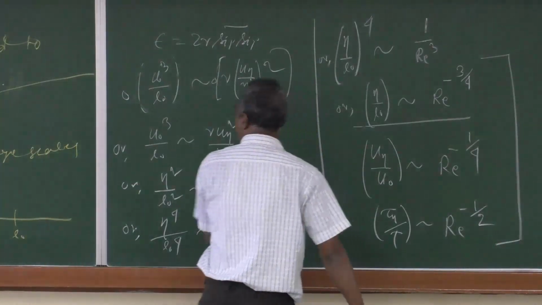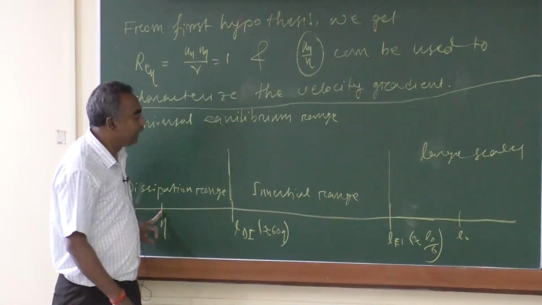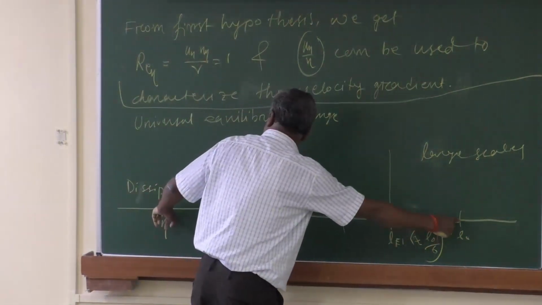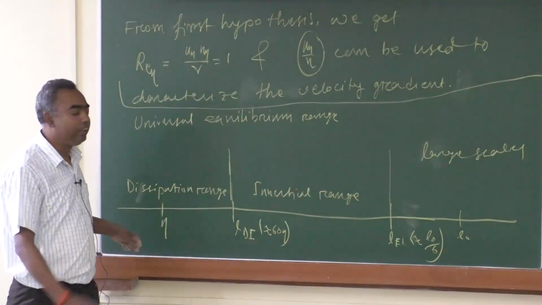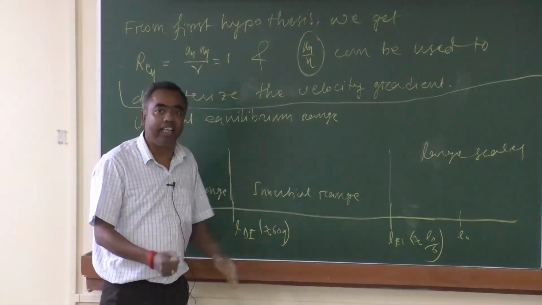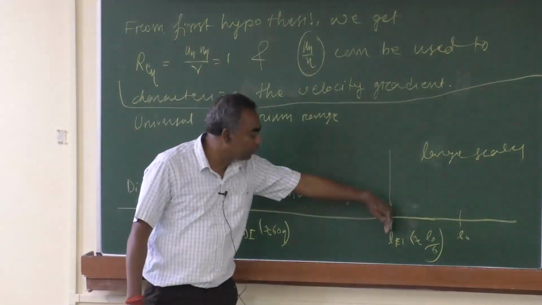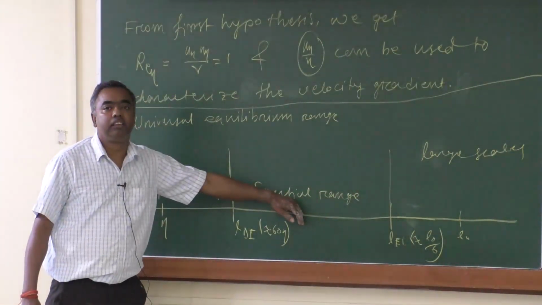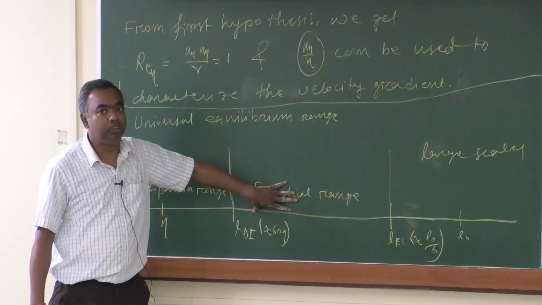All right. Now, another argument which comes into the picture is that since with increasing Reynolds number this range between eta and L naught is increasing and increasing, in between then there will be some scales which will be far away from this eta, which will also be far away from this. Okay. So, in between you will get a range of scales which will be independent of viscosity.